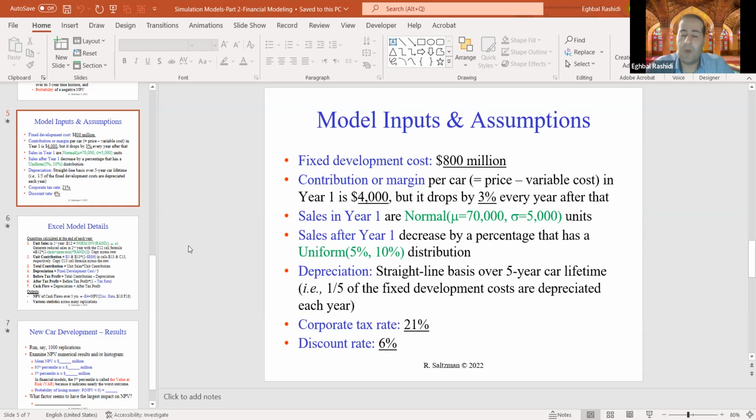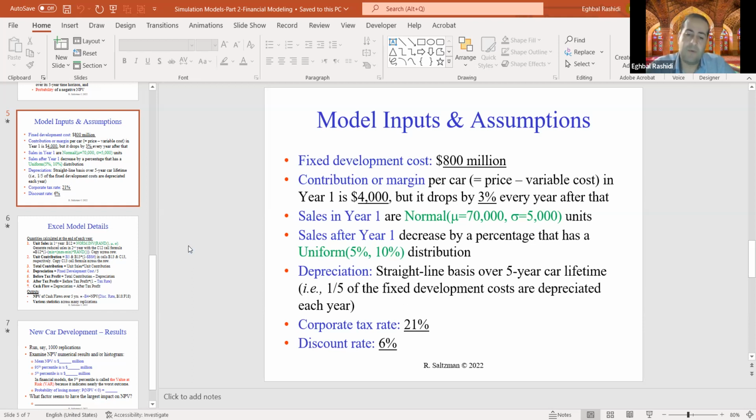In year 1, sales are estimated to follow a normal distribution with an average of $70,000 and a standard deviation of $5,000. But after that, they expect that to drop at a rate that follows a uniform distribution between 5% and 10%. Okay, so it's a combination of a normal distribution and a uniform distribution.